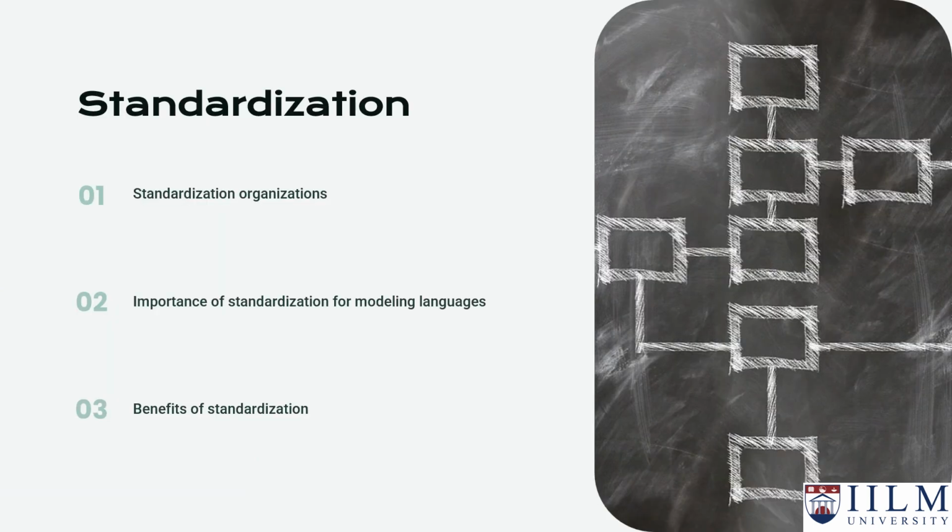Moving to the next, standardization. जब भी हम एक मॉडल में काम करते हैं, whenever we are working on a modeling thing, हमें एक स्टैंडर्ड फॉर्मेट फॉलो करना पड़ता है by which that model can be accepted worldwide, or that model can be accepted for other languages, so that that models can be implemented by more organizations, that models can be used by more and more users.